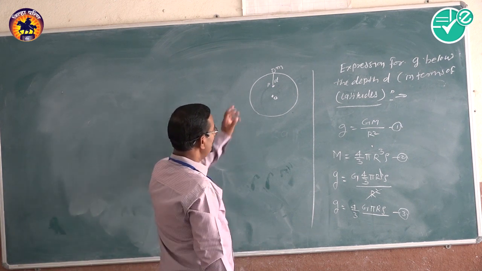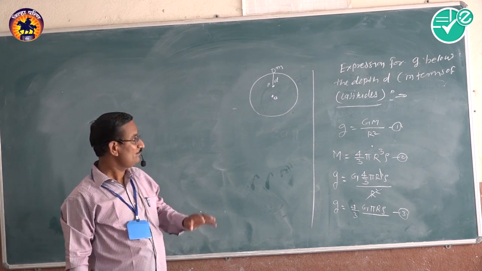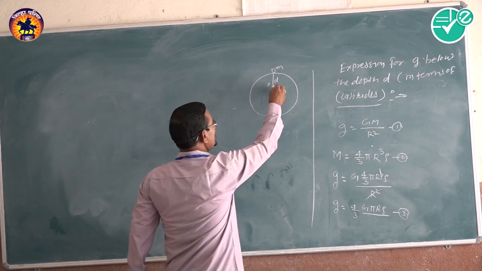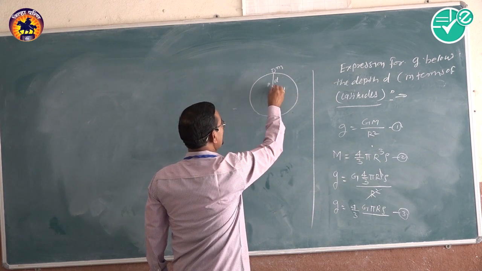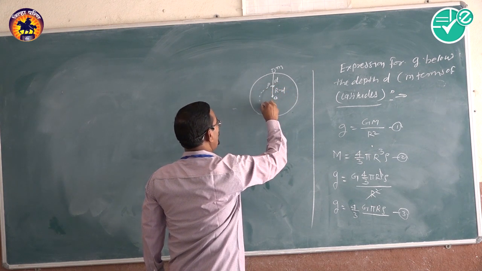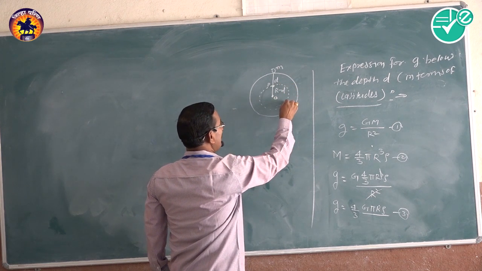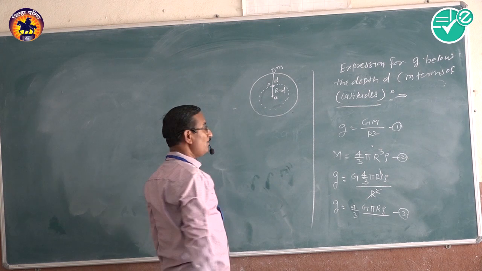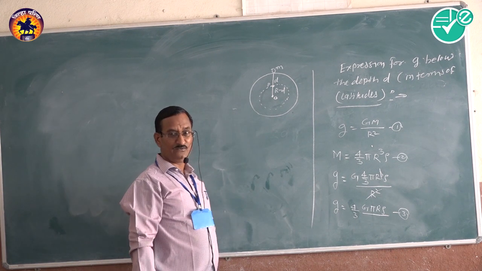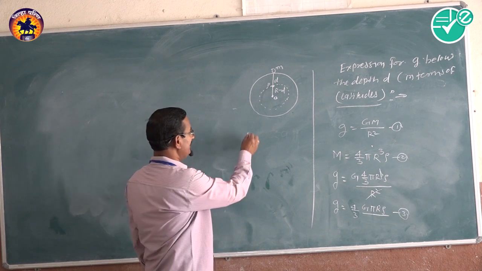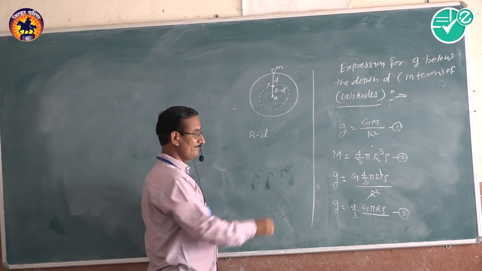Then the distance of the point P from the center of Earth is R minus d. Then we have to draw an imaginary sphere around the center O, below the surface of Earth, of radius R minus d.